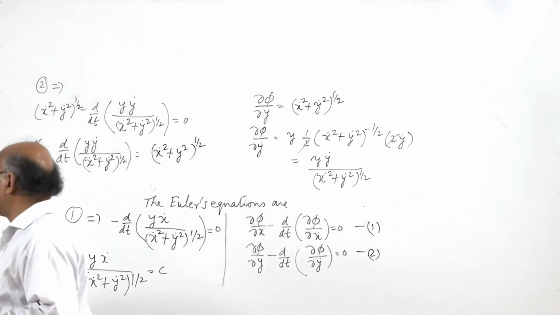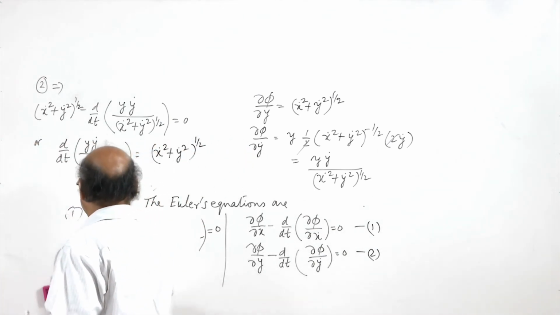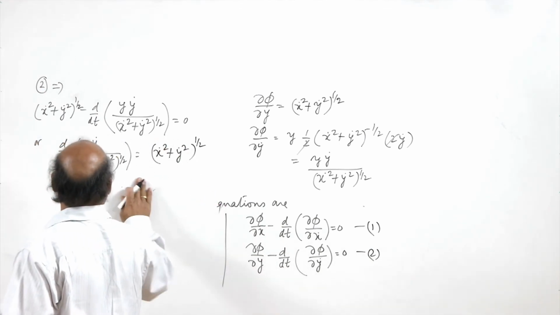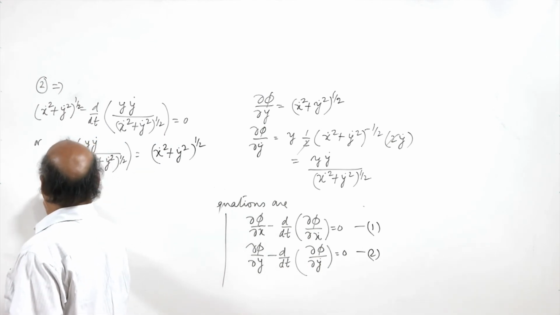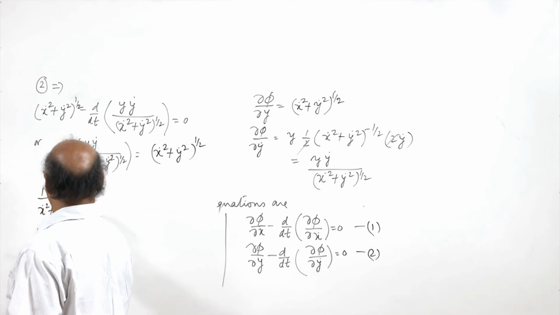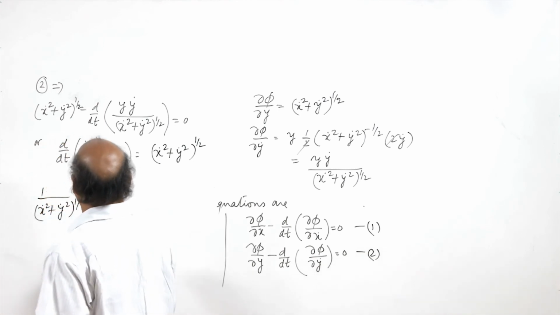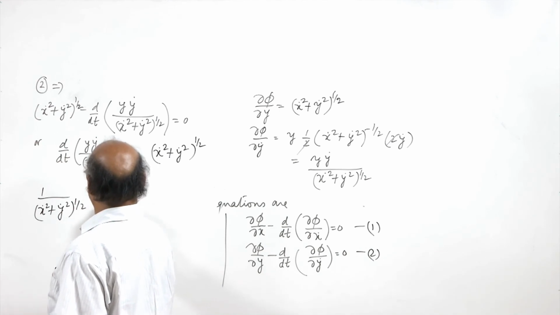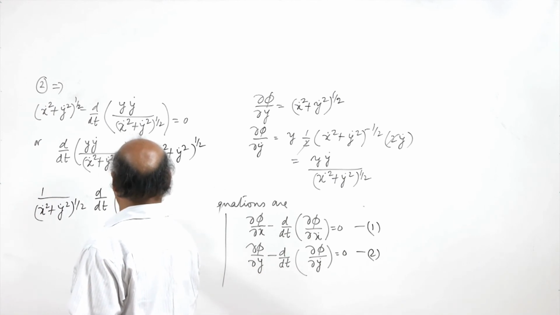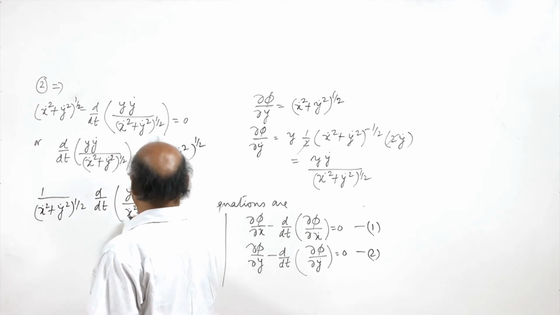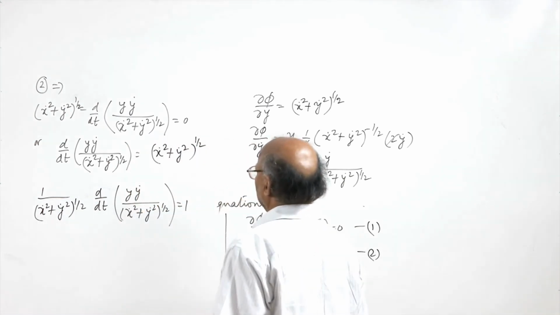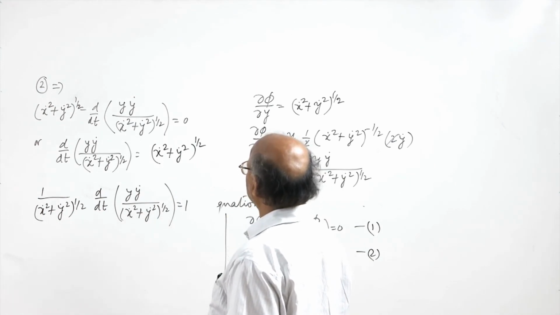Now what we will do is, this gives you 1 upon (x dot square plus y dot square) to the power half into d over dt of y y dot upon (x dot square plus y dot square) raised to the power half equal to 1. Okay, let us divide by (x dot square plus y dot square) to the power half.